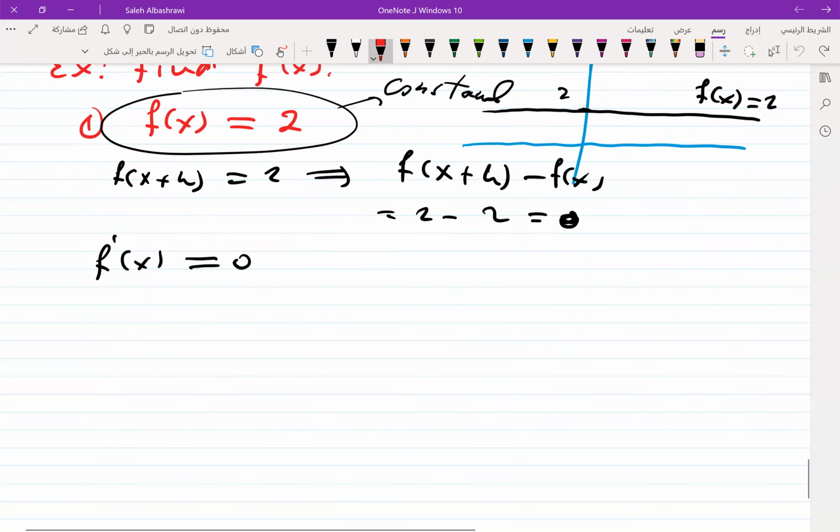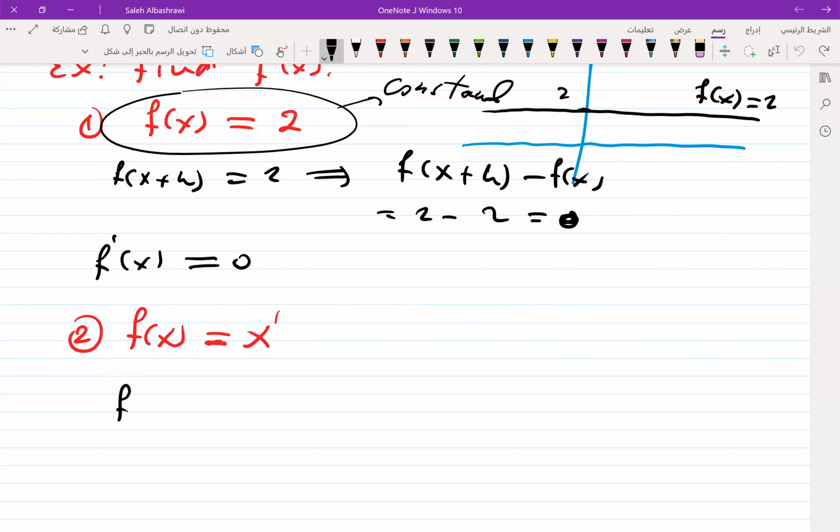Number 2, f of x equal to x. It is x to the power 1. Now if you apply the power rule, f prime of x, the power is equal to 1, so it is 1 multiplied by x to the power r minus 1, the power minus 1, which is equal to 1 multiplied by x to the power 0, which is equal to 1.